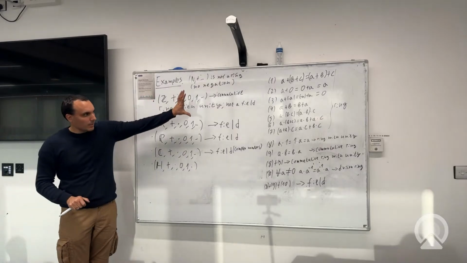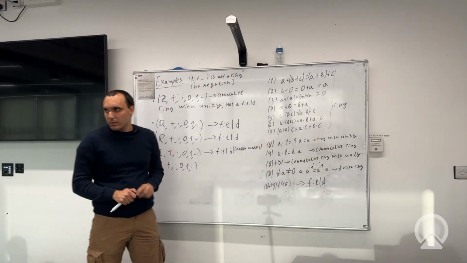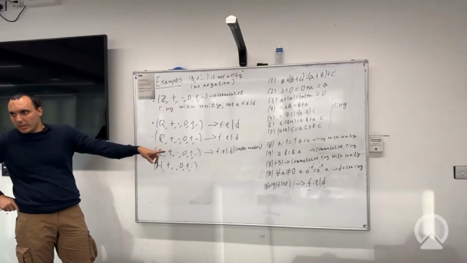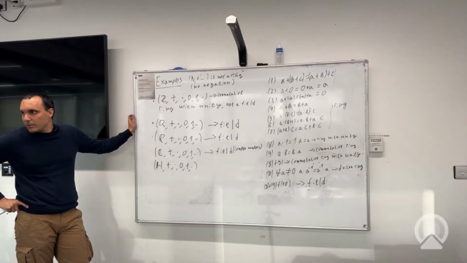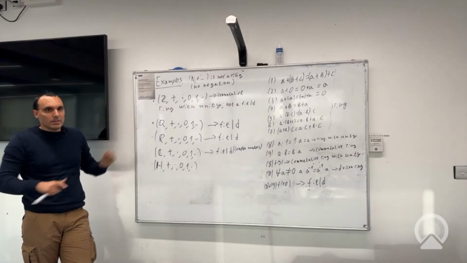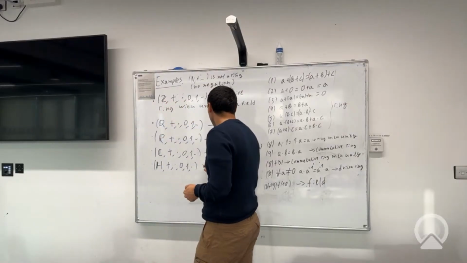Okay, they are a ring, but do they have the identity? Yeah, they have one. Is the multiplication commutative there? Do they have inverses? Yes, so this is the archetypal example of a division ring.